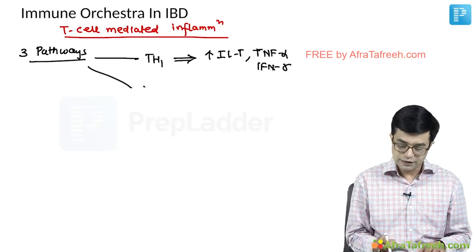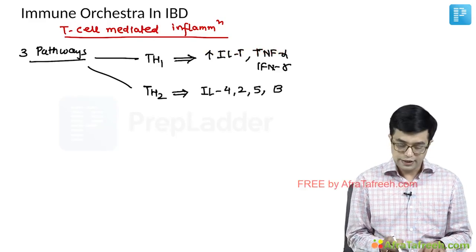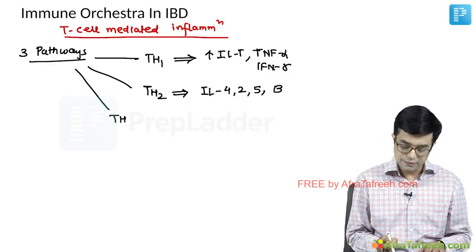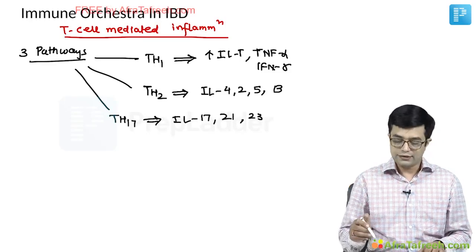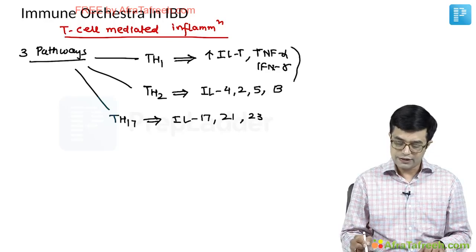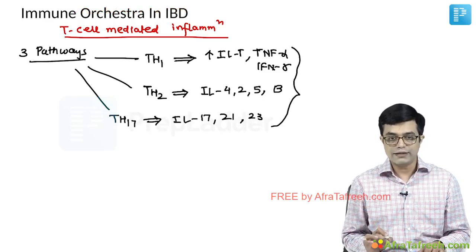The second is the Th2 pathway, which is associated with production of interleukin 4, interleukin 2, interleukin 5 and interleukin 13. And third is the Th17 pathway, which is involved with production of interleukin 17, interleukin 21 and interleukin 23. These are the three pathways which have a synergistic role in producing the features of inflammatory bowel disease.